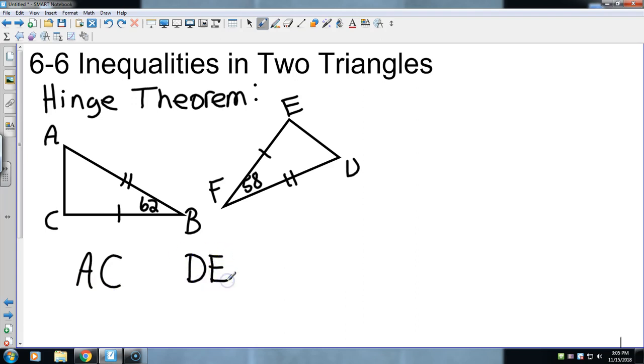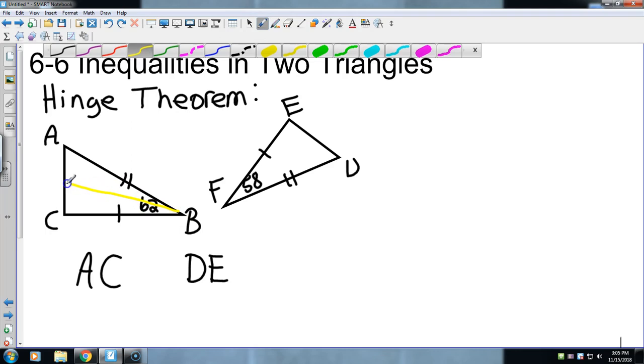And because of the hinge theorem, because AC is opposite the bigger angle, then that means it's the bigger side. So this is an inequality, and we have AC is greater than DE. And that's the hinge theorem.